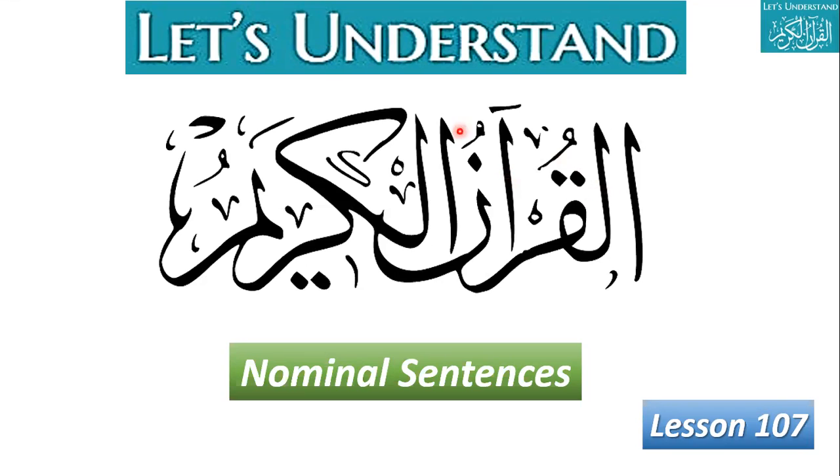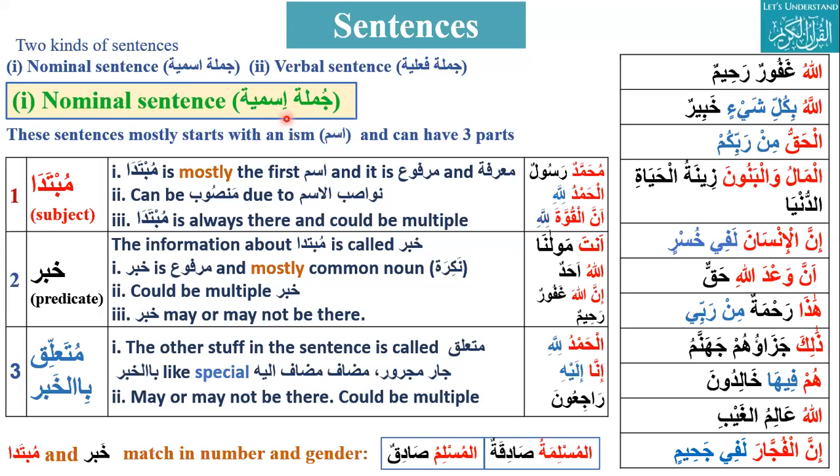Oh, so subject is khabar, and mubtada is predicate, right? No, Mubtada is subject and khabar is predicate. Predicate. Yeah. So maybe we can go through these slides that we learned last week.